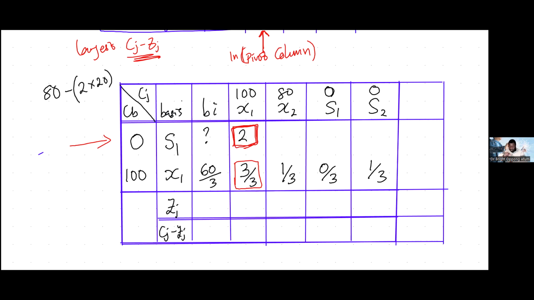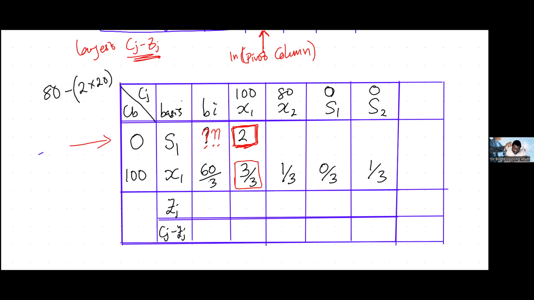So the new number here, which is BI for the S1, will be equal to the old number there, which was 80, minus the 2, which is the pivot number, times the corresponding 20.